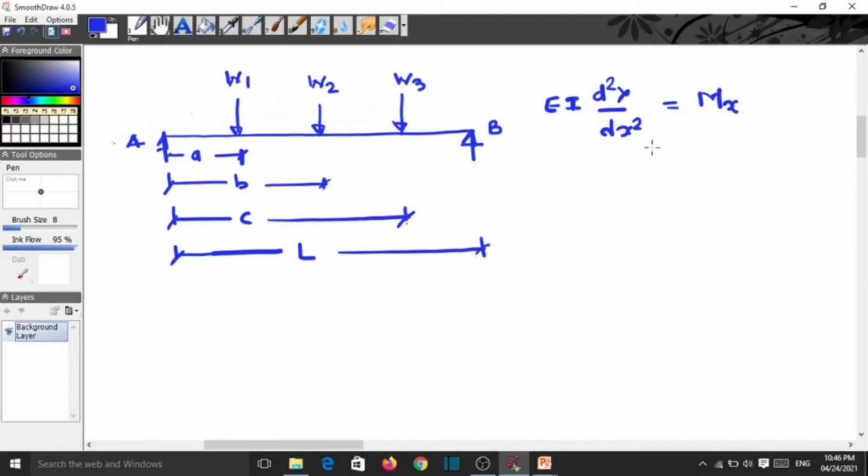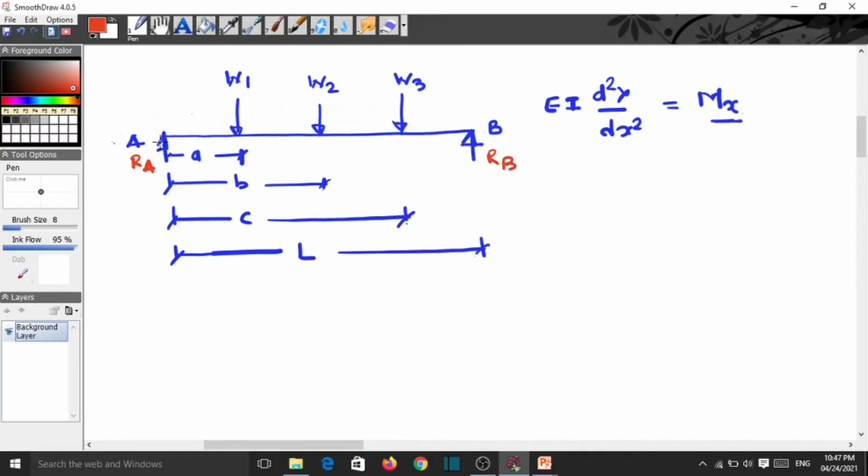Now here, how do we write the single bending moment equation though there is a change of the loading? For that, we have to break this beam into different sections. Here the reaction at A is RA, and here the reaction is RB.